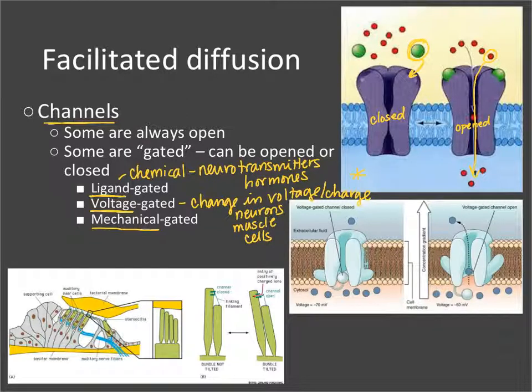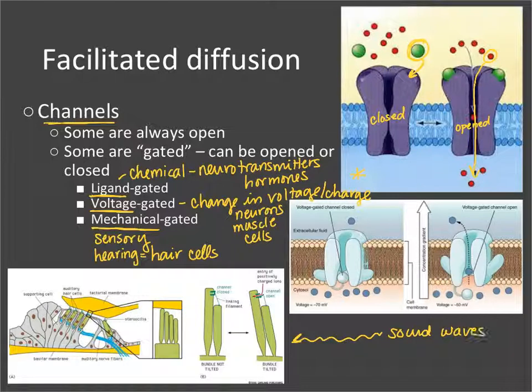Mechanical gated channels are ones that we find in some sensory receptors. So for example, the sensory receptors for hearing are called hair cells. And hair cells are mechanically gated. And what happens is that sound waves kind of move into the ear, and these sound waves kind of physically bend these structures.